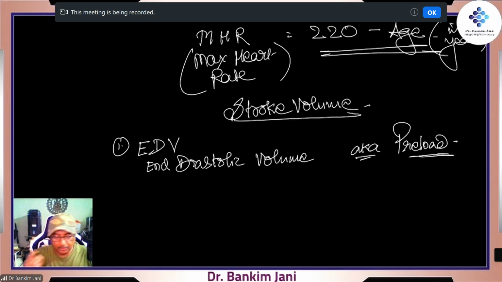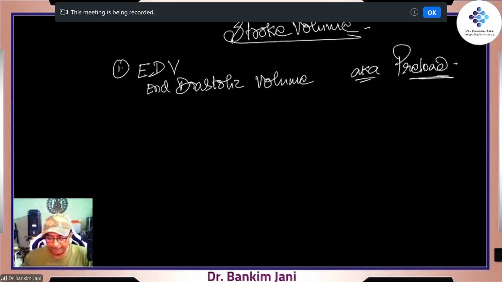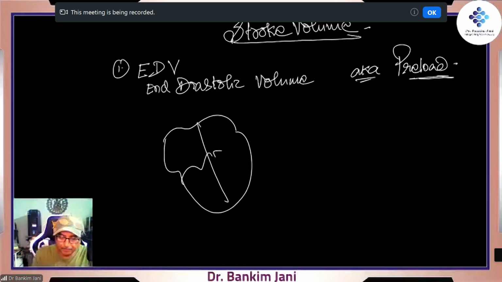Also known as preload. Now, very simple. Here is a heart. We are talking about one volume. Volume means we are talking about any of the chambers. We'll be talking about the left ventricle, because that's the biggest chamber.